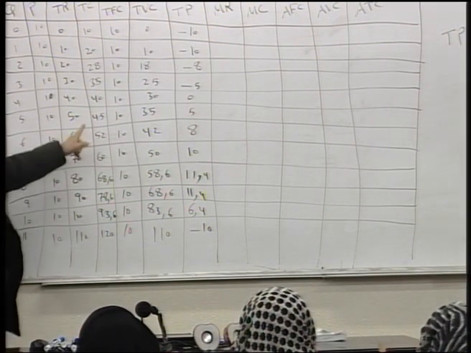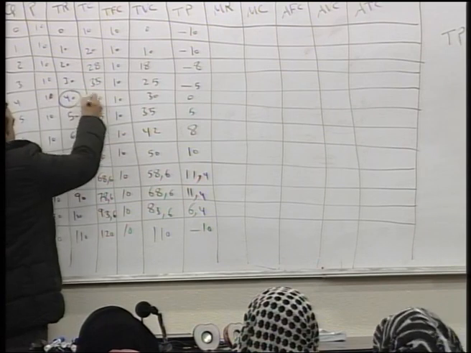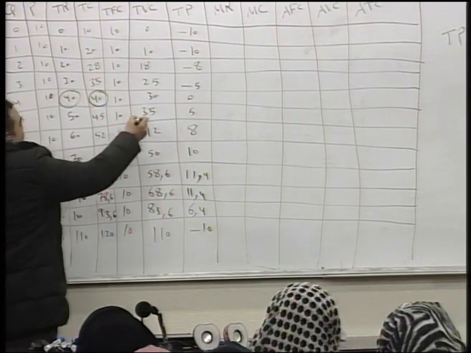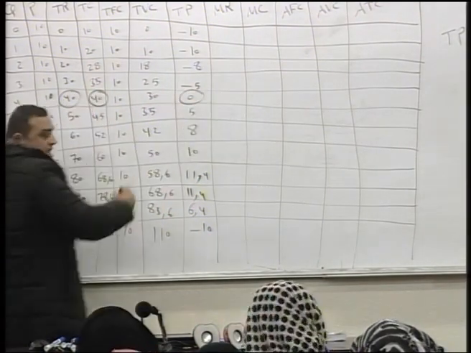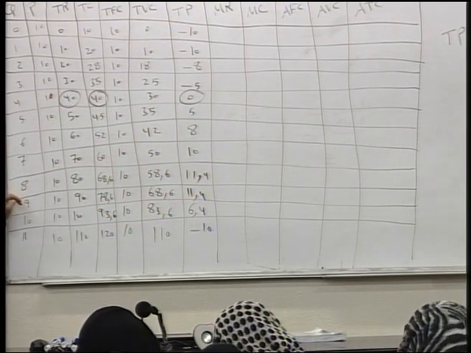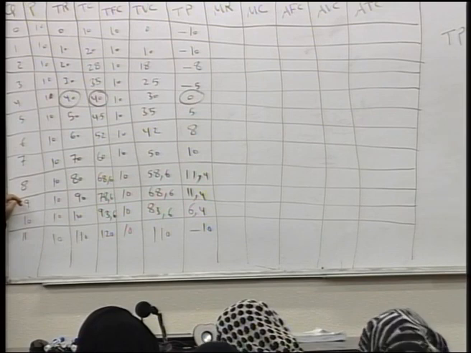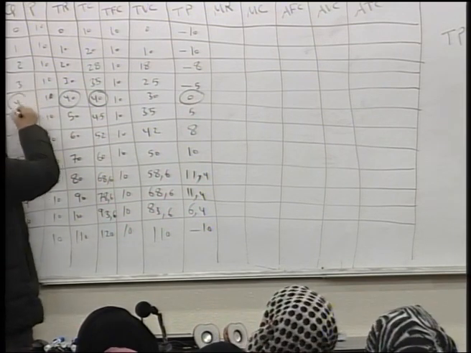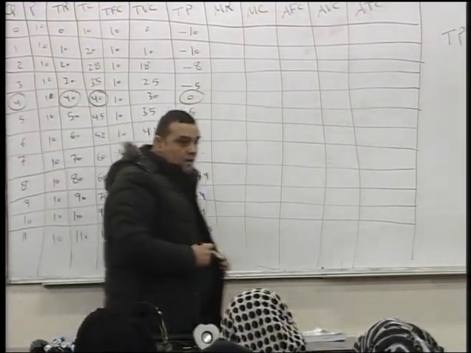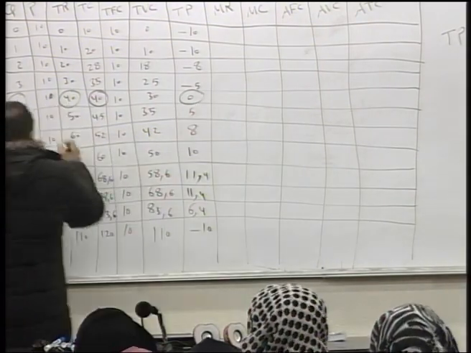Where is it? Here. Total revenue equals total cost, and total profit equals 0. Here we have the break-even point. So the break-even quantity is 4 units, and the break-even price is 10 shekels.